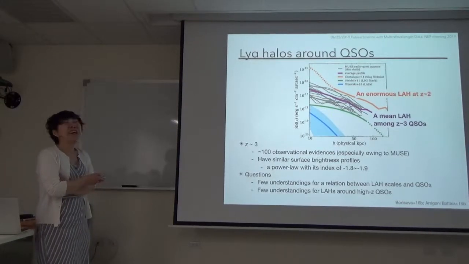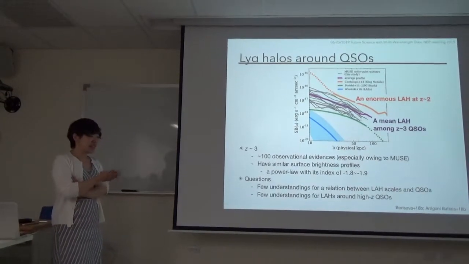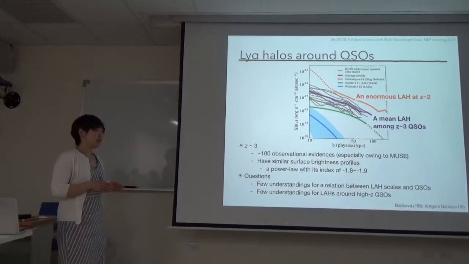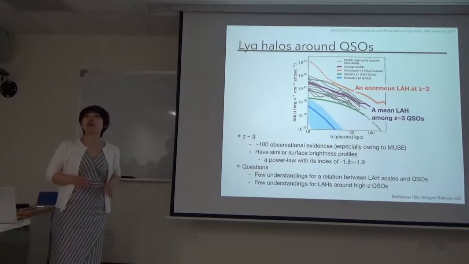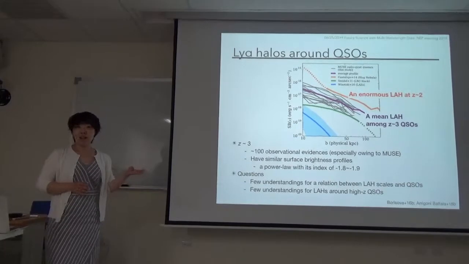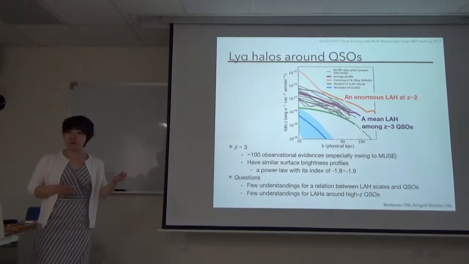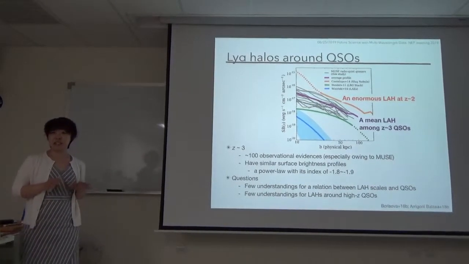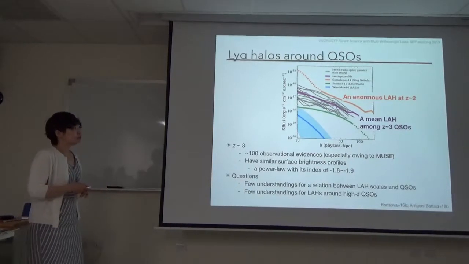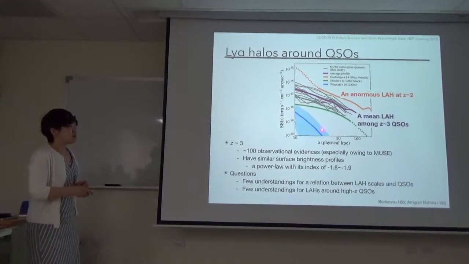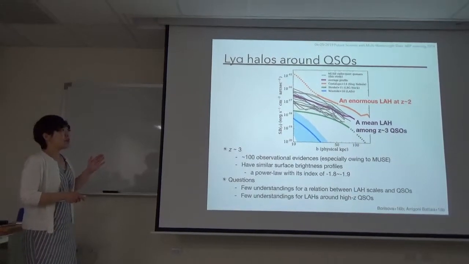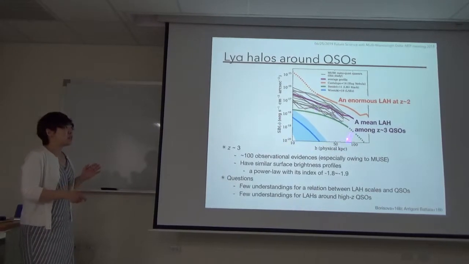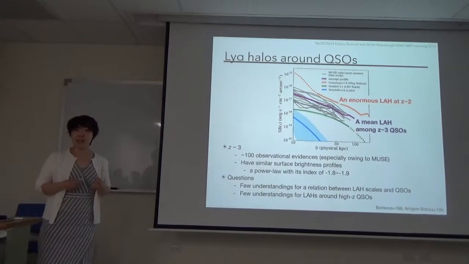As I said in the introduction, in order to produce Lyman alpha halos, not only fluorescence but also scattering of Lyman alpha photons produces a Lyman alpha halo if neutral gas exists in the CGM. The blue and green lines indicate the Lyman alpha halos from Lyman alpha emitters and Lyman break galaxies, which are more like star-forming galaxies.